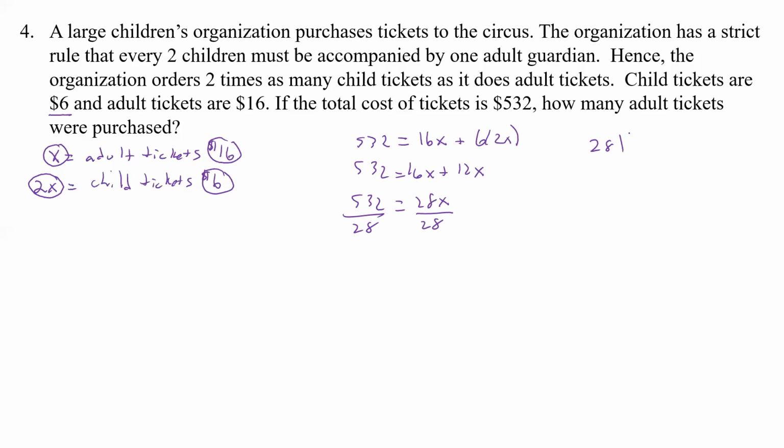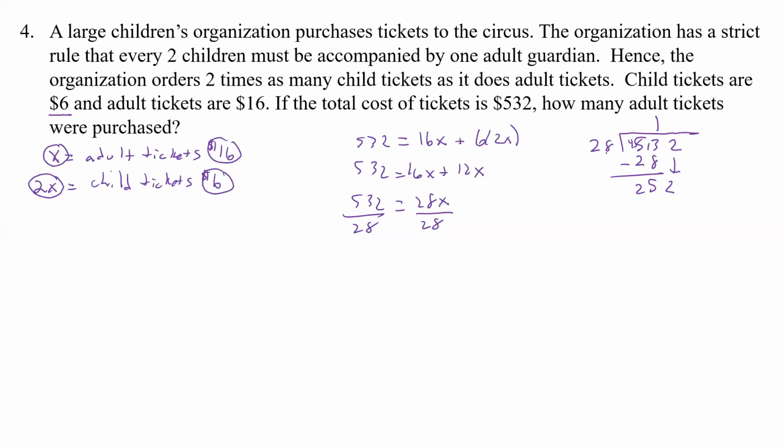Now we have to do some math. And so 28 goes into 532 how many times? Well, 2 times this is going to give us 56, so that's too big. So we'll do just 1. That's 28. Now we have to borrow. And so 5 plus 8 is 13. 4 minus 2 is 2. Now we bring down the 2. 3 times that is only going to give us 60.